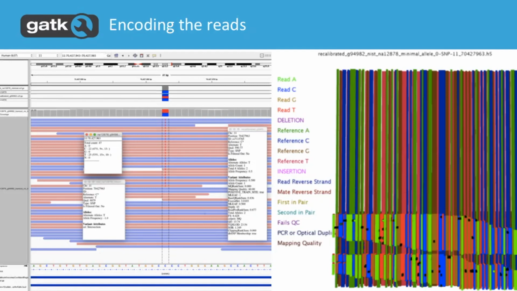Before we had just a one-hot encoded reference with ones and zeros. Now we're going to have a three-dimensional tensor that encodes all of the different things about the reads around our variant, such as the bases themselves, whether it's on the reverse strand or forward strand, whether it's first in pair, the mapping qualities, the base qualities, and so on. All of that will be somehow encoded in our neural network.